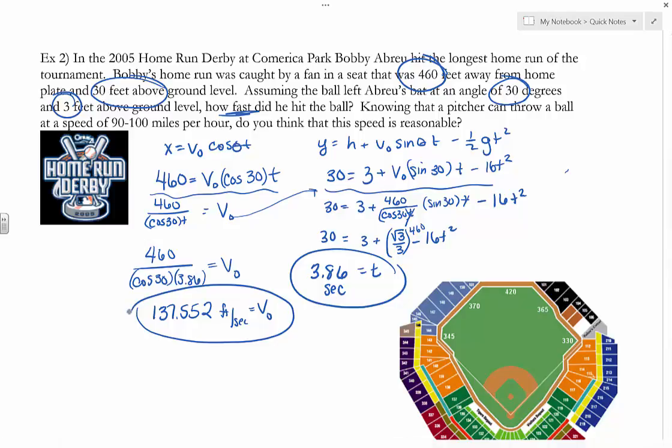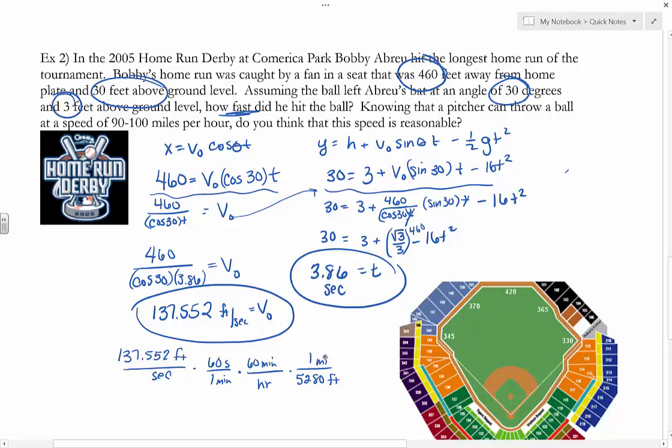Well, to figure that out, I should probably turn this into miles per hour. So 137.552 feet per second. I'm going to do some dimensional analysis here. There are 60 seconds in 1 minute, and there are 60 minutes in 1 hour, and there are 5,280 feet in 1 mile.